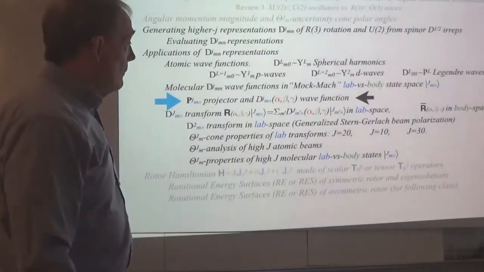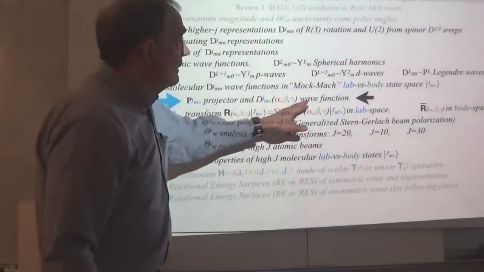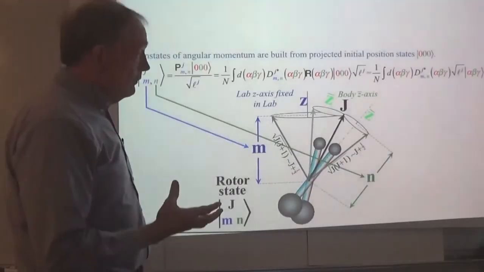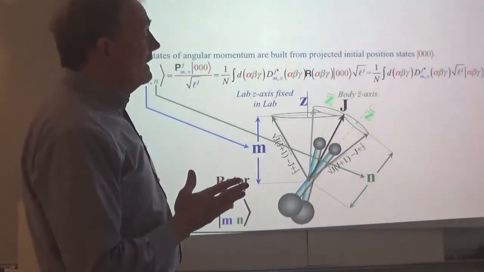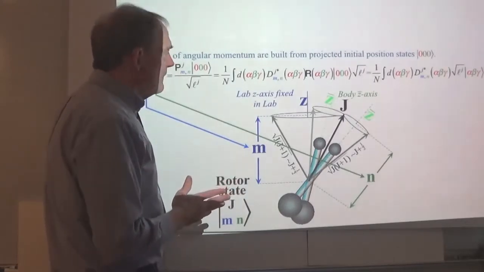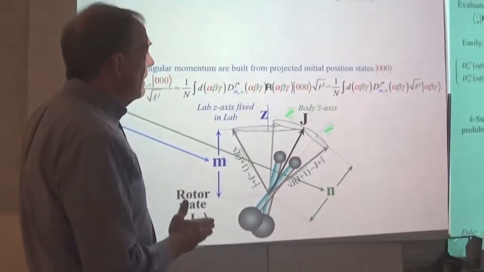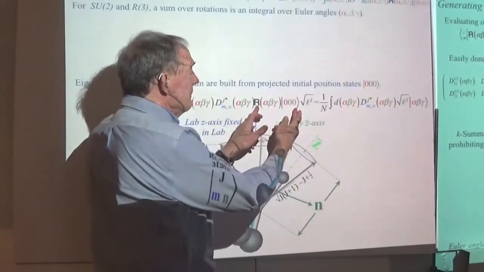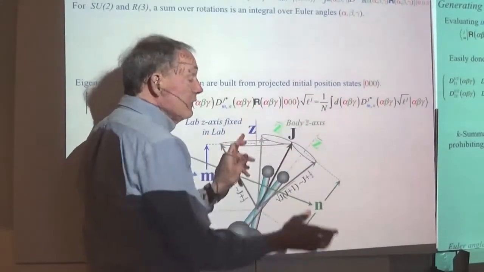So, what we have to do is just take a look at the projector that produces a state that uses the wave function D^J_{MN}. So basically what's happening here is I'm considering all possible alpha, beta, and gamma of this rotor.